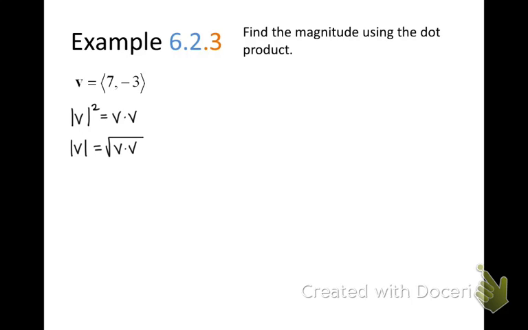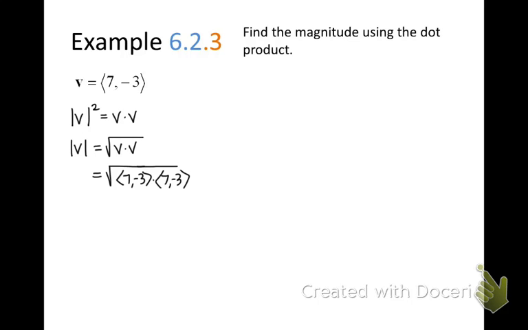Now think about that. If I take the dot product of 7, negative 3 with itself, don't you end up with 7 squared plus negative 3 squared? So that's why it's the same thing.